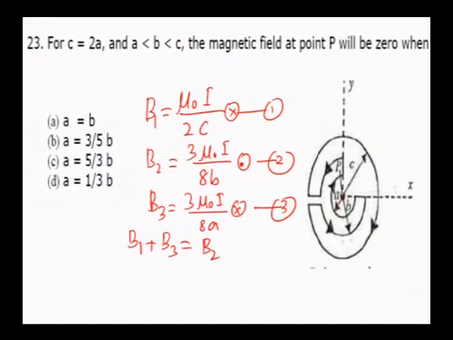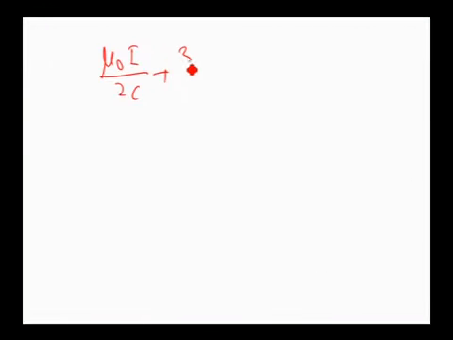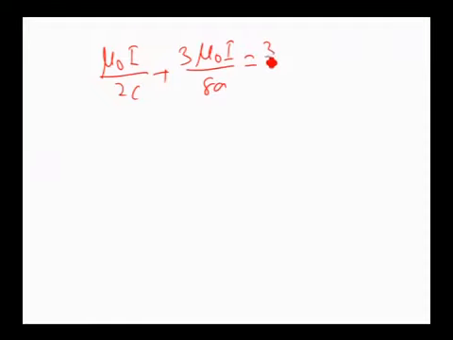That is mu naught I divided by 2C plus 3 mu naught I by 8A. Okay. Must be equal to 3 mu naught I divided by 8B. Okay. Because resultant has to be 0.